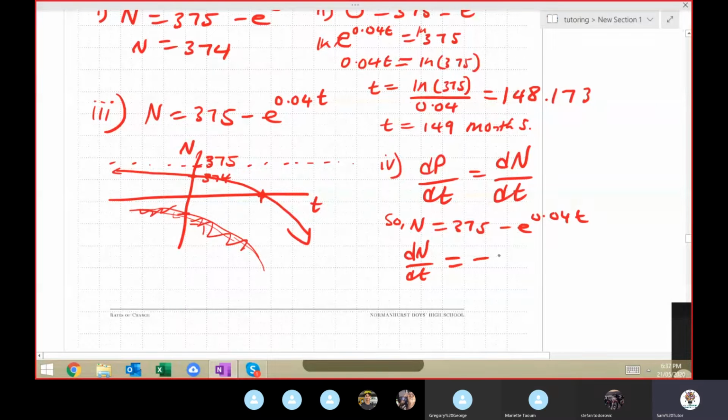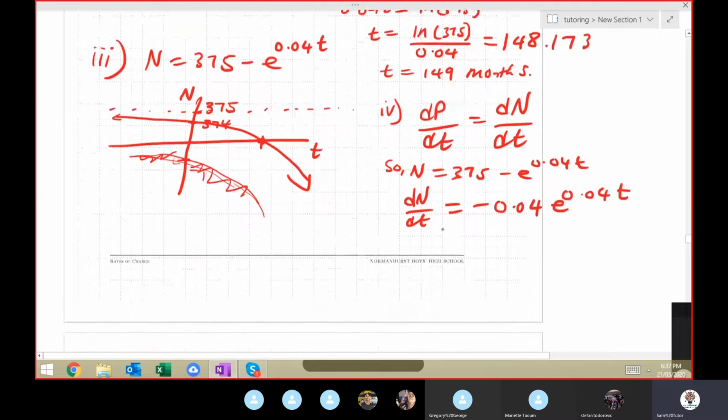That is negative 0.04, negative 0.04, and then e^0.04t. You guys can see that? 375 disappears, and then you bring the 0.04 down, negative 0.04, e, keep it the same. That's what your dN on dt is.